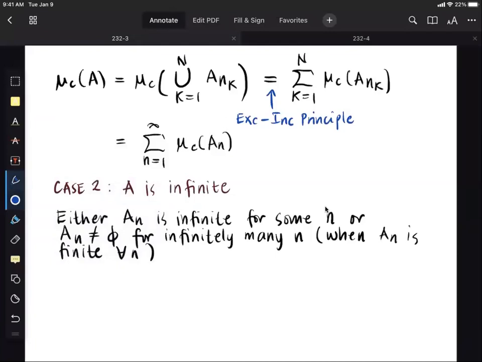Either A sub n is infinite for some n, and from this you already know that the counting measure of this set A sub n would be infinity. And for the second case, this means that if it is non-empty, the counting measure would be greater than or equal to 1 for infinitely many n.